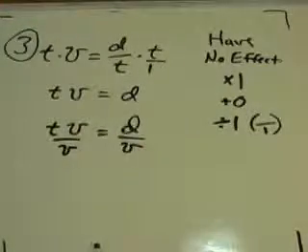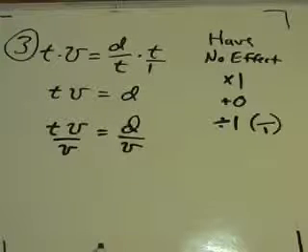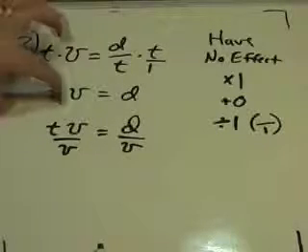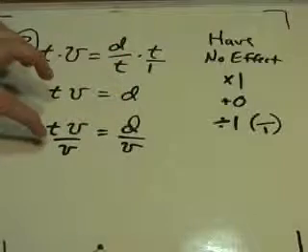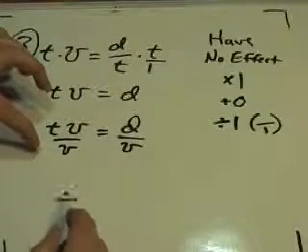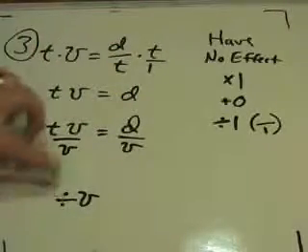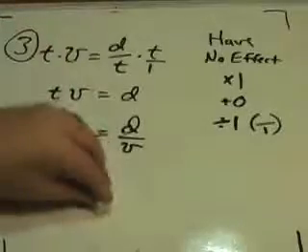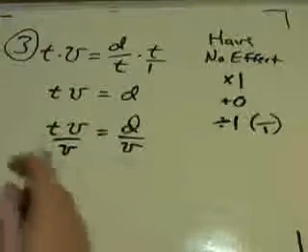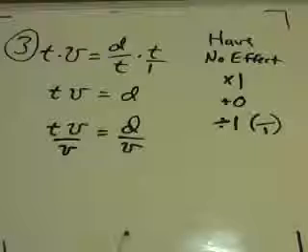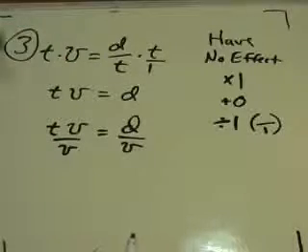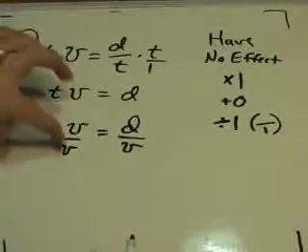Now you can start to see how these things are interrelating a little bit. I said the words, divide by v, but I didn't write the division sign. I wrote a fraction bar and put a v down there. But again, the fraction bar is just another way of showing division. So this is dividing by v.